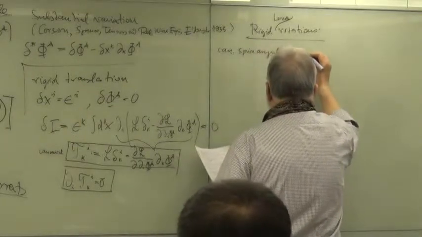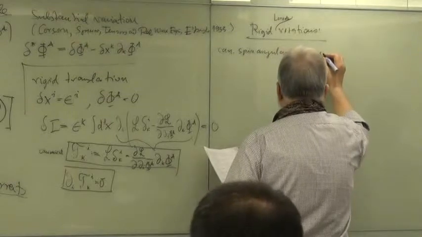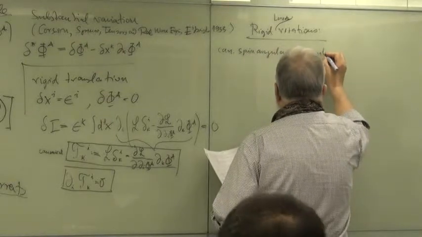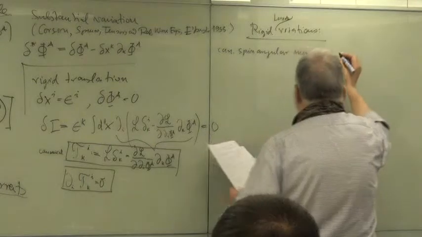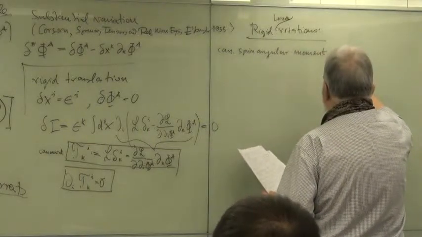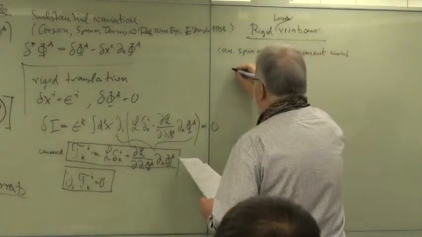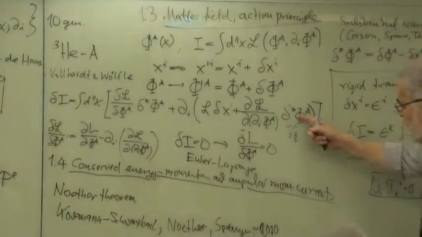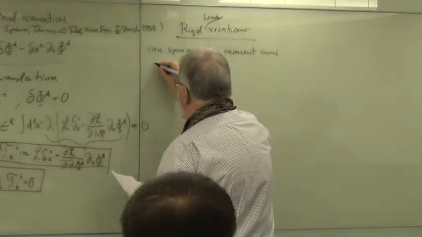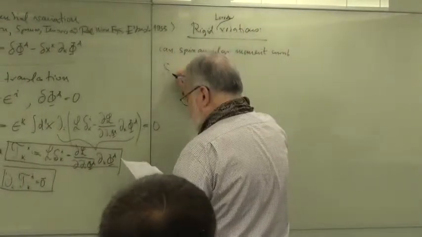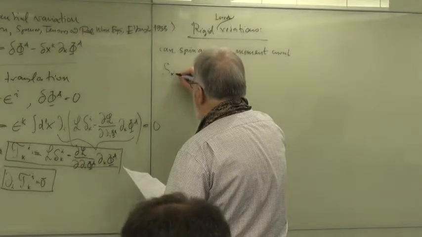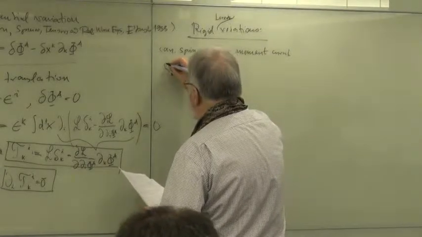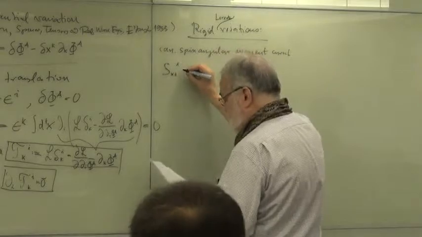There are orbital angular momenta and the spin angular momentum current. And this is just coming from this piece, the behavior under Lorentz transformation. The canonical tensor is called S k l i. I'll just take the indices which I used in the derivation.